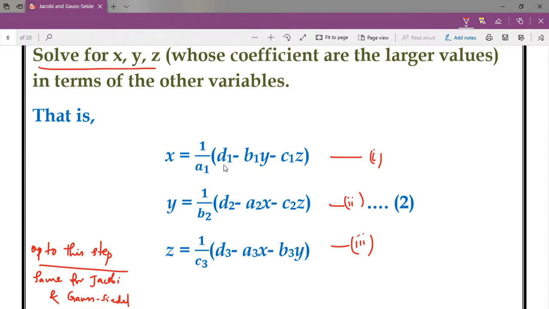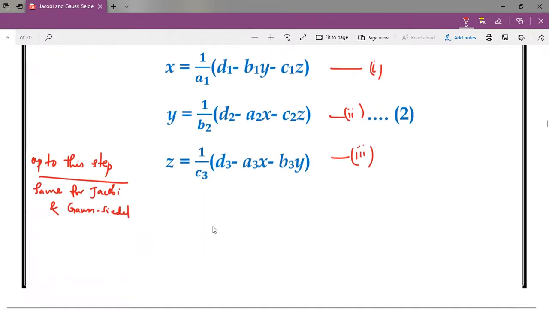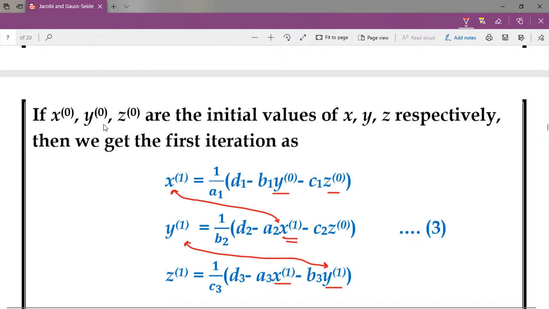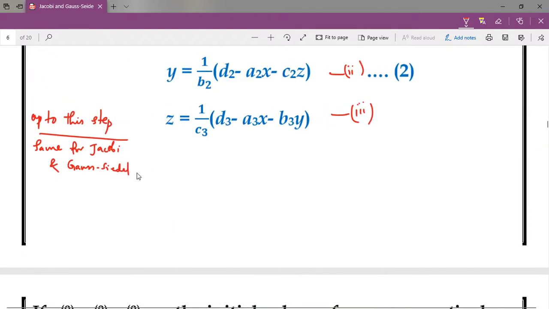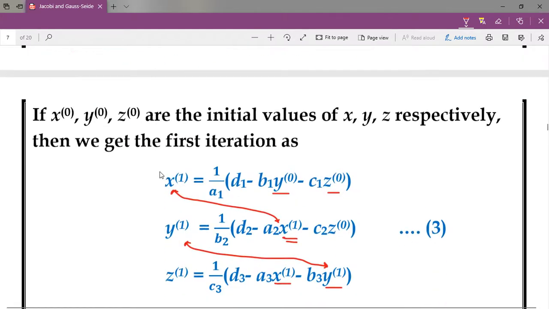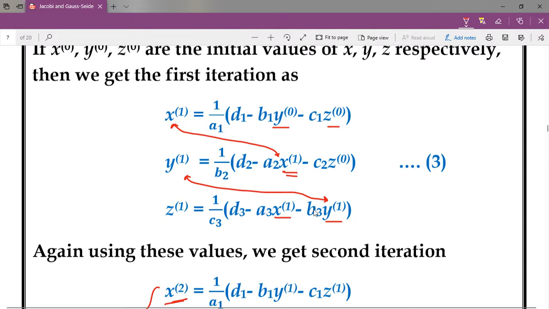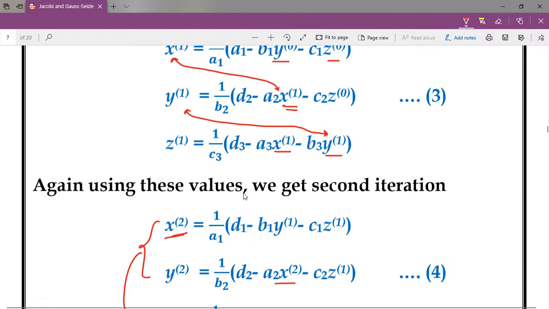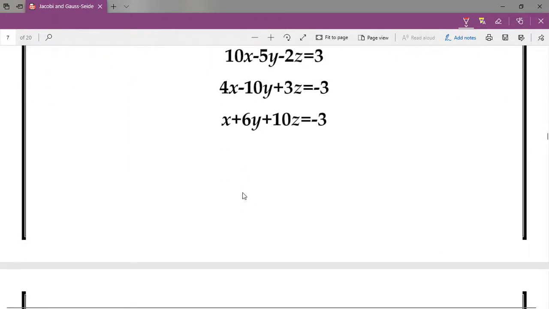So then we take expression for x, y, z, and up to this it is same as Jacobi. Then in the Gauss-Seidel method, after calculating the x1, that is first iteration of x, we are using the same x1 in the y1. After getting x1 and y1, we are using them in the z1. This is the only significant difference in the Gauss-Seidel and Jacobi iteration method.